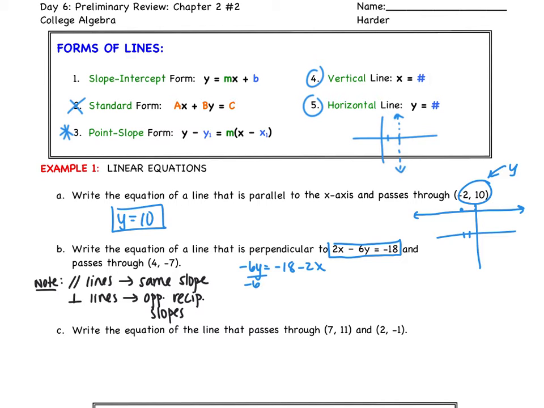Now I can divide by -6. Everything gets divided by -6. Some of you did this wrong on the quiz 2 days ago. Everything on the right side gets divided by -6. So -18 divided by -6 gives us +3. -2 over -6 is a positive 1/3 x.